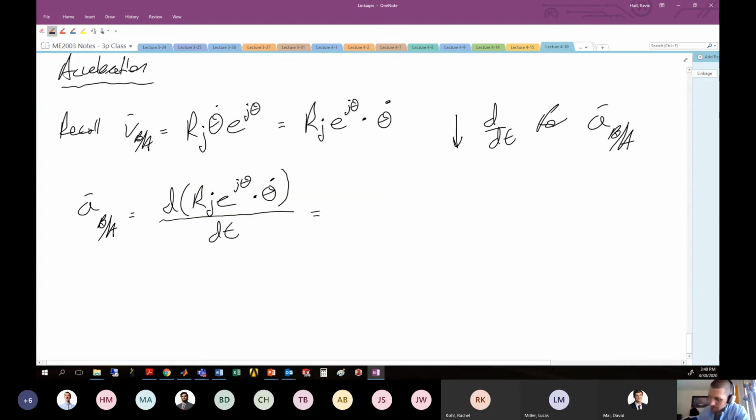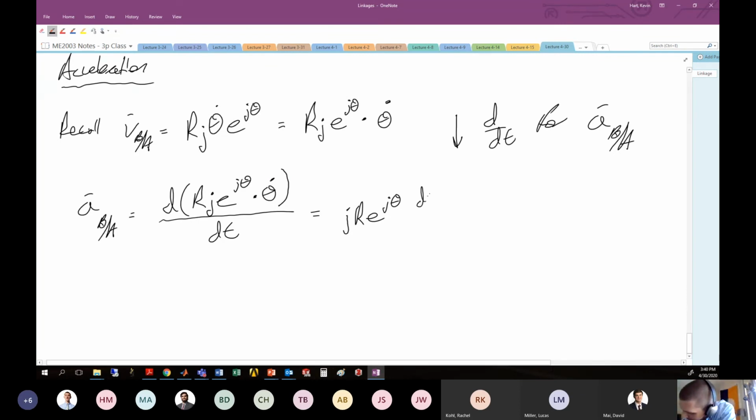So we're going to have here something like the time derivative of this first piece is going to be, pull all the constants out front, j r e to the j theta. So I'm pulling all that out, and we're taking the derivative of the second guy first. So this is like u times the derivative of v.